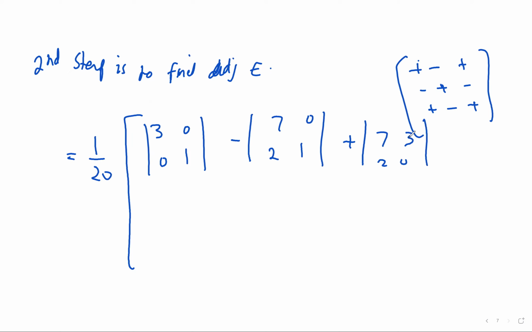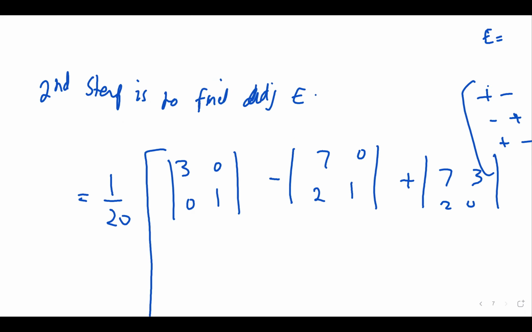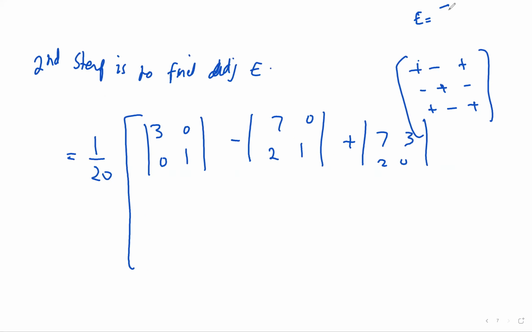So just on the side, let me write the matrix E. So matrix E is 3 by 3. So we have 4, minus 2, 1, 7, 3, 0, 2, 0, 1.